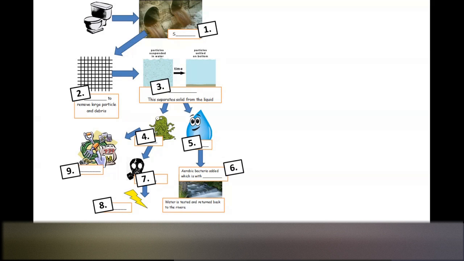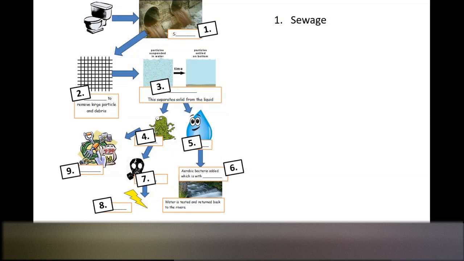Okay, right. So I'm going to go through this now. Some of them I'm going to ask for you guys to write your word, and some of them I'm going to show. So the first word is sewage. Okay, the first word is sewage. So we get the sewage, and then it goes to step 2. What word is 2, guys? Type in the word for 2 that you got.